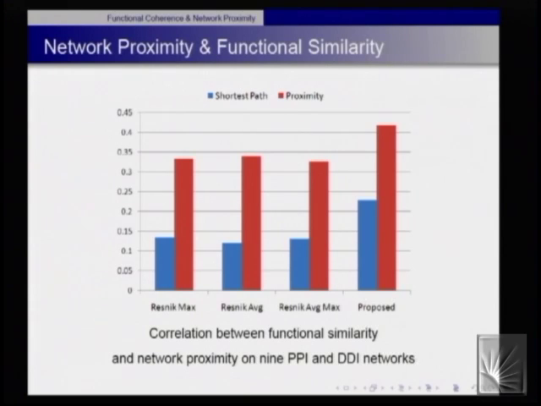This is our measure. So as you see, when you use random walk-based proximity and our measure, you get the most correlation. What does this mean? Well, we still can't explain 60% of the similarity between functions just in terms of network distance. So there is still a lot, but at least the high correlation here says something about the relevance of accounting for multiple paths and also the measure of functional similarity.